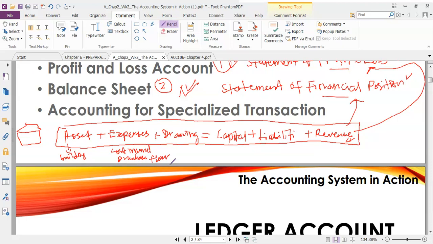So purchase of flour. Kena beli lagi apa? Semua barang-barang yang dia nak beli untuk dia jual. Barang tersebut dia beli untuk dia hasilkan produk. Bila dah ada produk and then kita jual, kita akan dapat hasil. So itu adalah expenses, cost that we incurred.